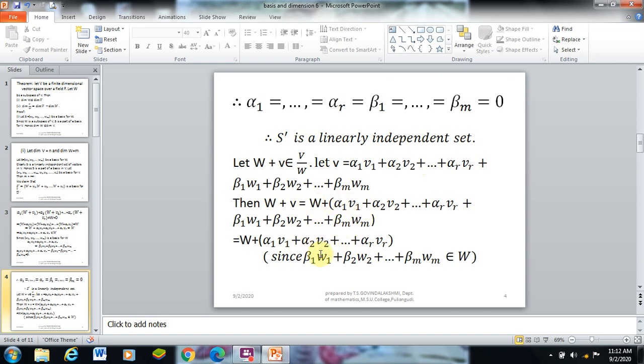Therefore the term is equal to W plus alpha 1 v1 to alpha r vr plus beta 1 w1 to beta m wm. Here beta 1 w1 to beta m wm also belongs to W, so this term belongs to W. So W plus this form.